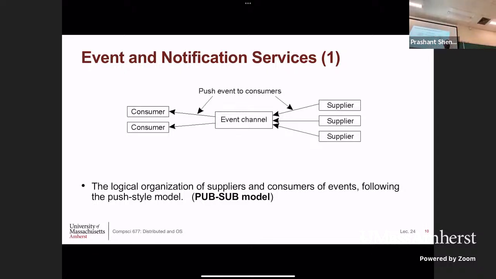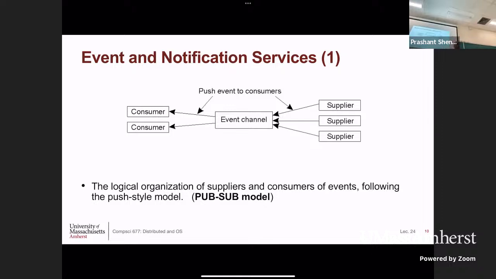The way this works is that consumers can subscribe to certain types of data or events, and publishers just publish events. They don't actually send messages to specific components. So in the socket world or RPC world, you are making RPC calls to a certain process, or you're sending a message over a socket to a certain recipient.